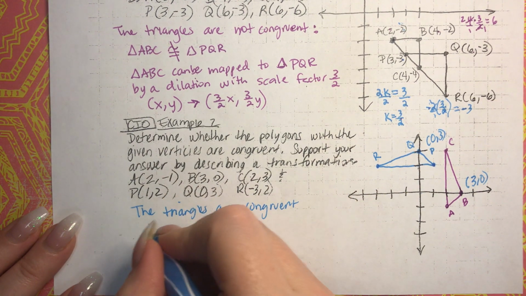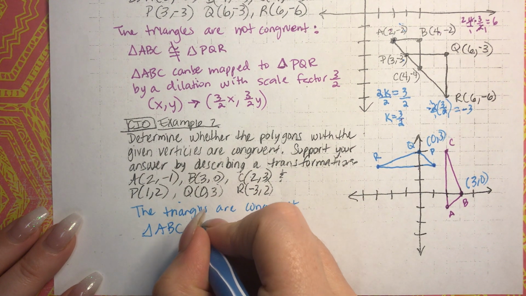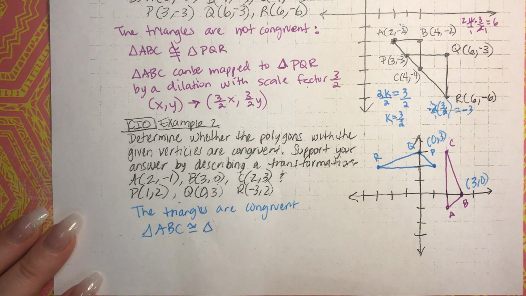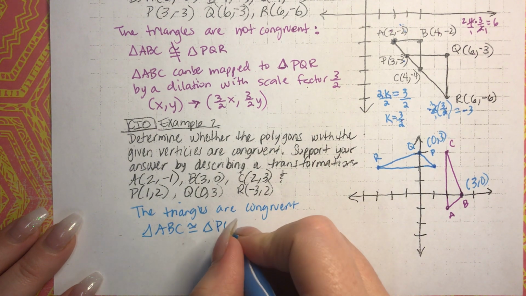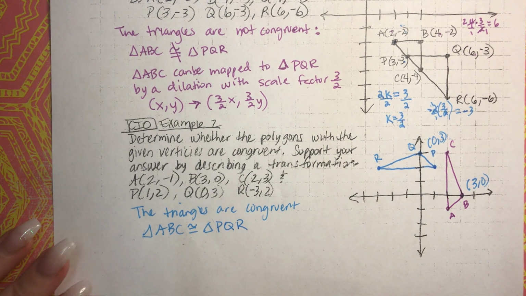So we can say triangle ABC is congruent to triangle PQR. Okay?